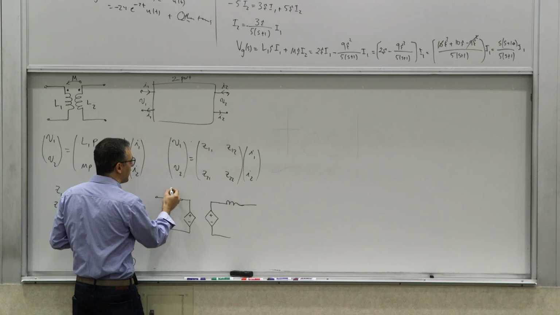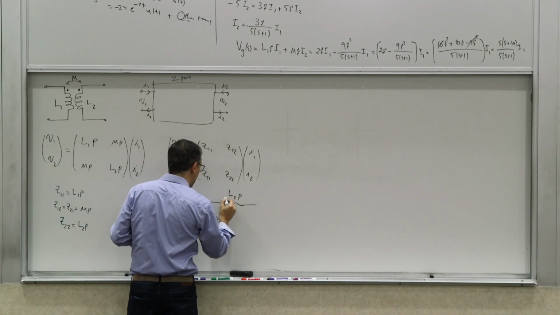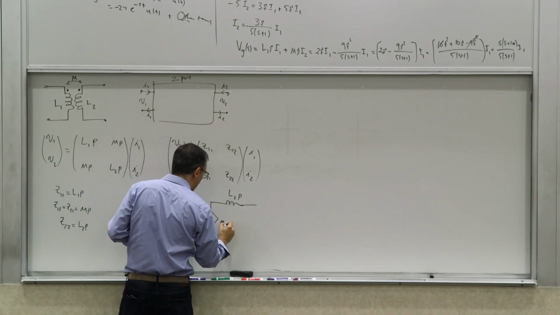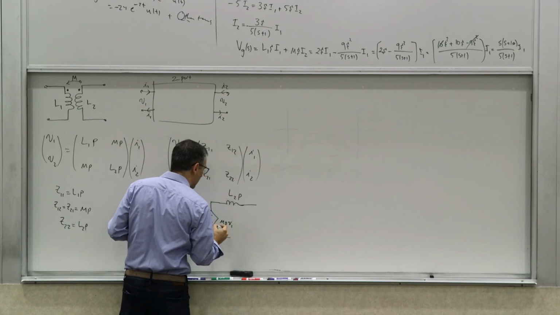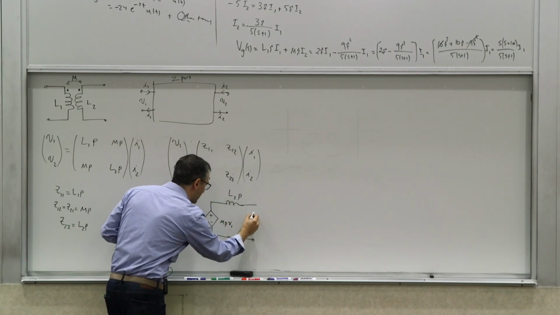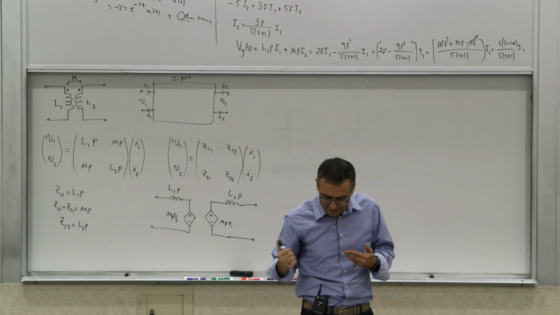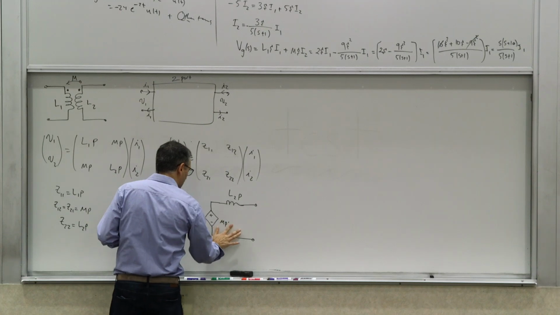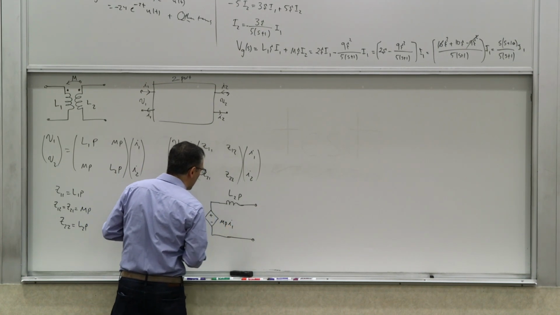This is L1P, this is L2P, and this is MPV2 and MPV1. So you can see that this equivalent circuit captures the behavior in terms of I1 and I2.